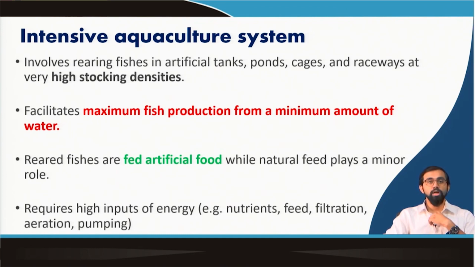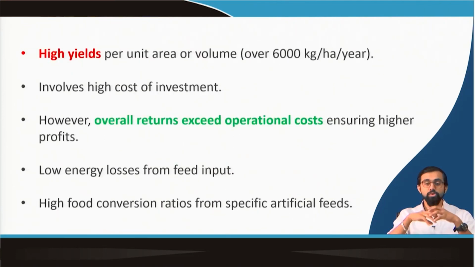The main problem with the intensive aquaculture system is the high energy input it requires, because of the additional nutrients we have to supply, the filtration unit, the aeration system and the pumping system. It requires a huge amount of energy, which is one of the major disadvantages of intensive aquaculture systems.